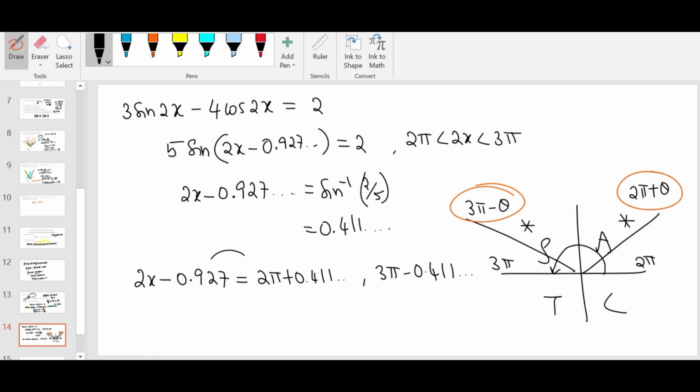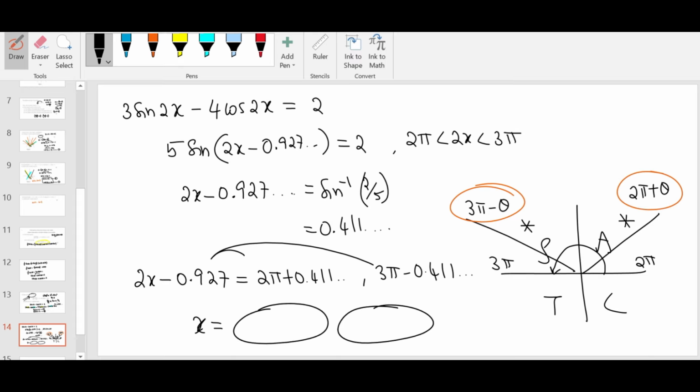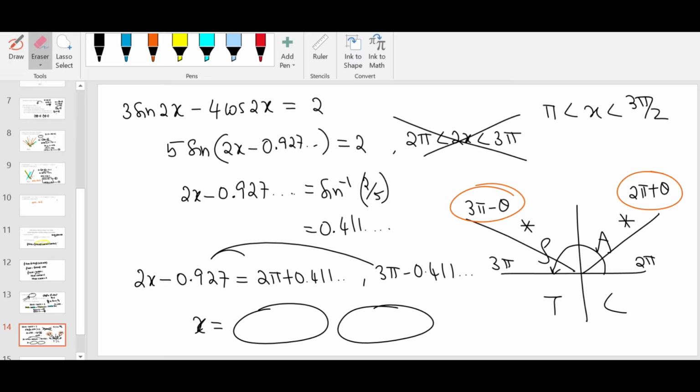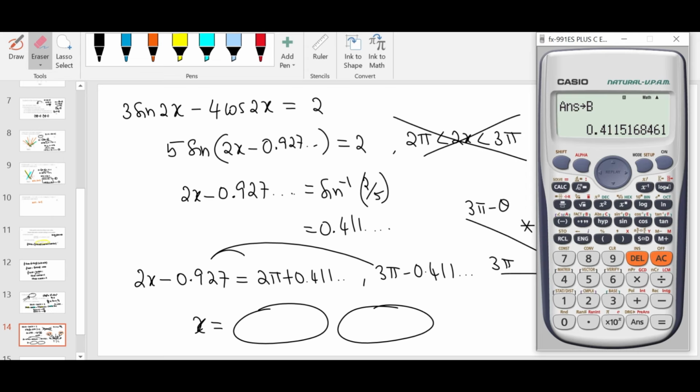And then bring this here, so you need to add this to both sides and divide by 2, so you will get x. And then when you get the final answer, you need to compare it with not the modified limit, but the actual limit given in the question, which is pi to 3 pi over 2. That's the actual limit.